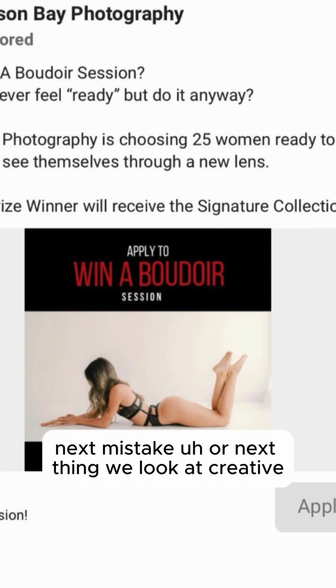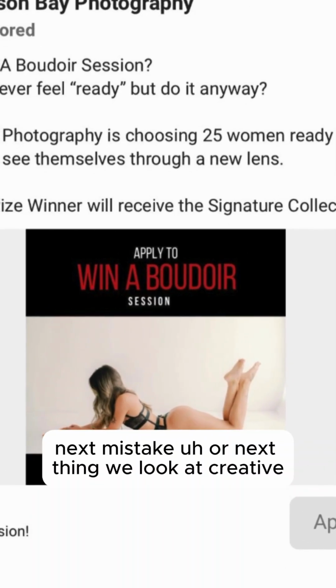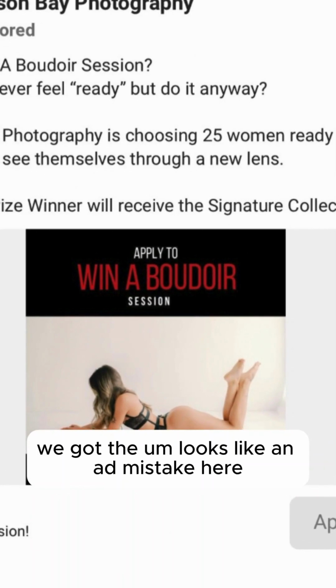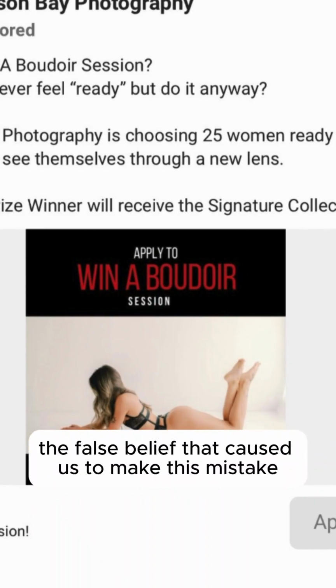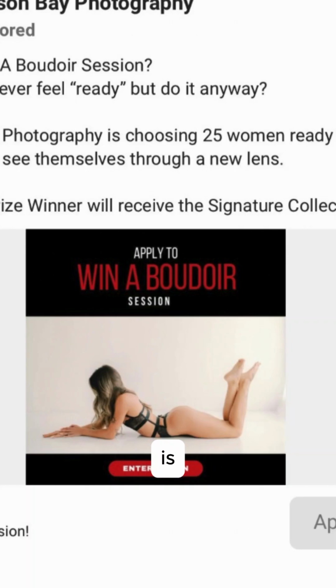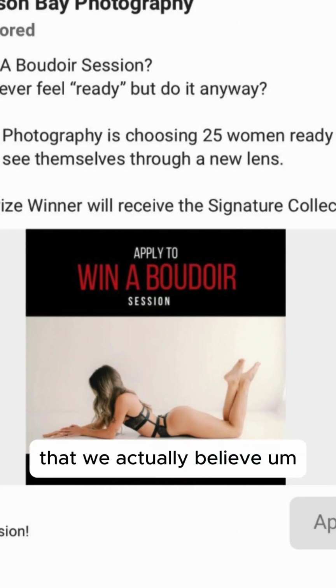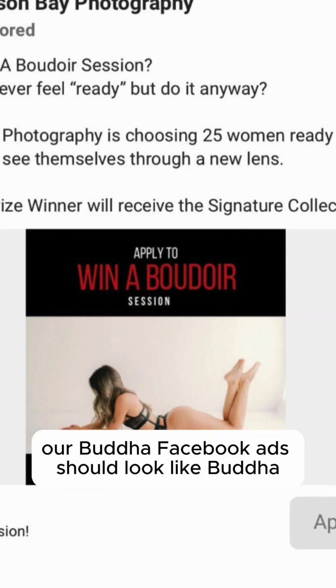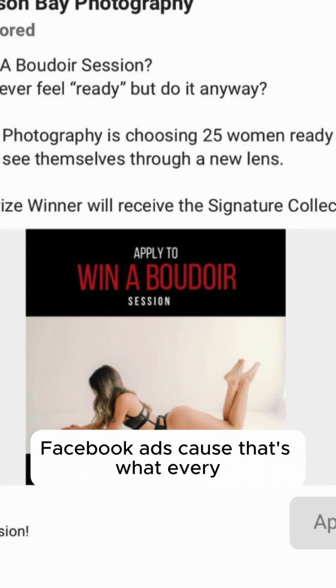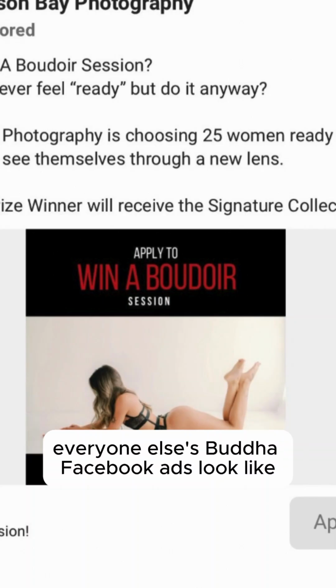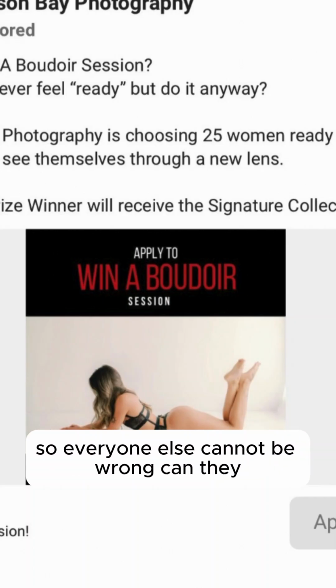Next thing we look at, creative. We got the looks like an ad mistake here. The false belief that caused us to make this mistake is that we believe our Boudoir Facebook ads should look like Boudoir Facebook ads because that's what everyone else's Boudoir Facebook ads look like, so everyone else cannot be wrong. Can they?